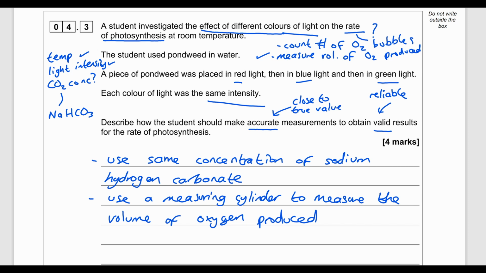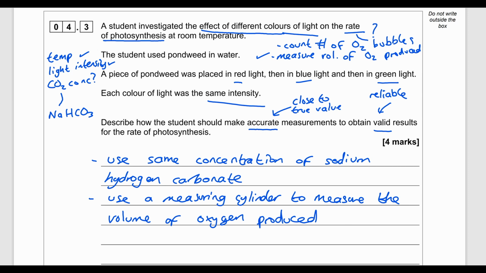The next thing that we've got to think about then is if we have collected the volume of oxygen produced and measured it, that is not going to give us the rate, because rate is always something over time. So we would also need to record the time in which this oxygen is produced and the volume is measured.